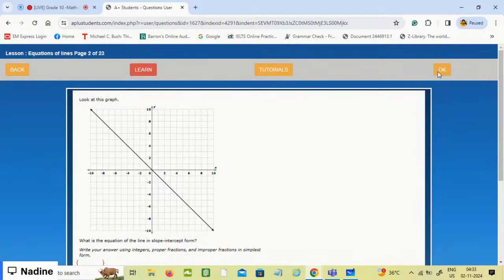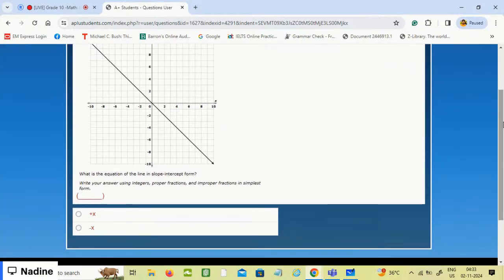Look at this graph. What is the equation of the line in slope intercept form? So which is the correct option? That is negative x. Option number 2 is the correct option.